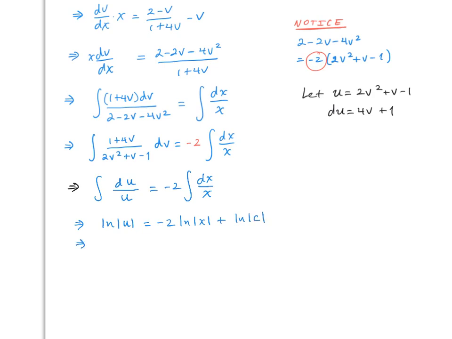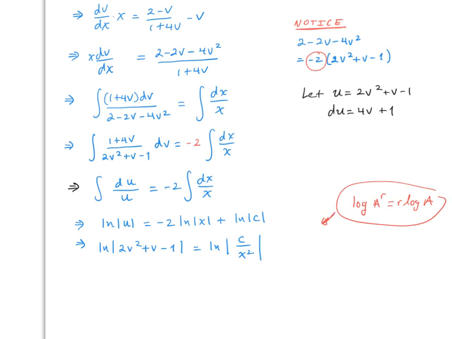And on the left side, now we have ln of u, but remember u was equal to 2b² + b − 1. And on the right side, if you use the properties of logs, this will be ln of c over x squared. Why? Because remember the log property says the following: log of a to the r is equal to r log of a.